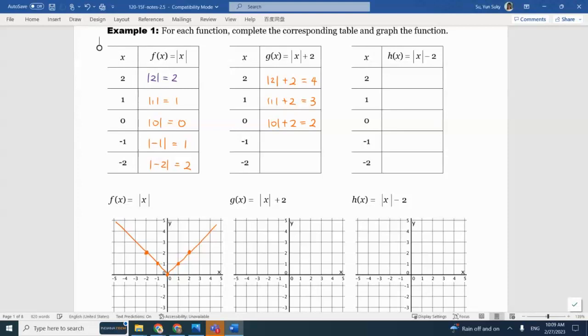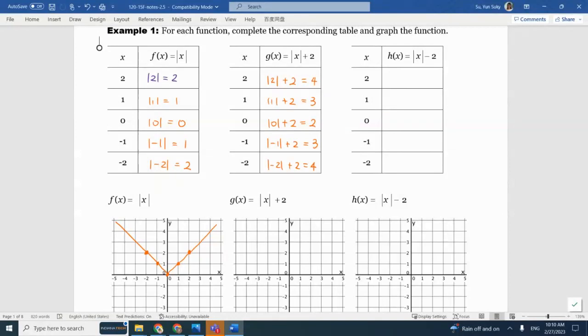Good. It's 2. Good. Next. You mean absolute value of negative 1 plus 2? Here we go. So what did you say? 3. Yes. Good.